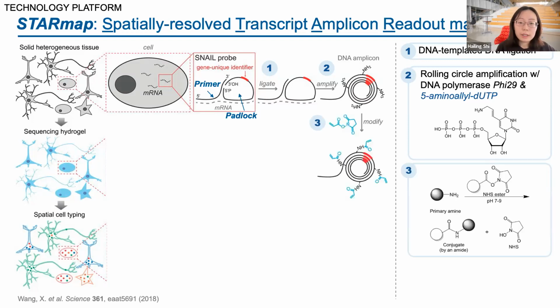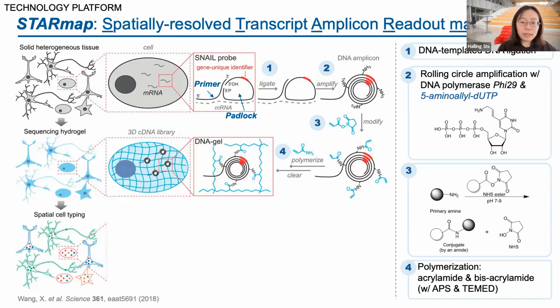There are also modifications on the bases we introduced during this amplification that can be further modified to be polymerizable with acrylamide and bisacrylamide into a tissue hydrogel. After this, we can perform tissue clearing to further reduce background signal.